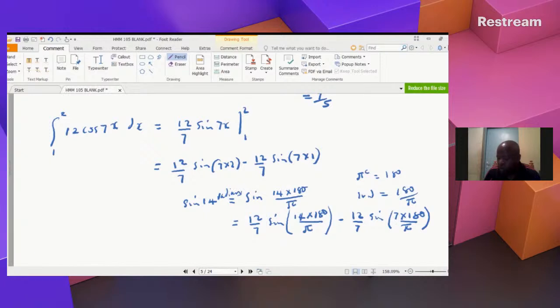So I have 0.33362. So it's this answer I multiply by 12 and divide by 7 to get, you just use your calculator, approximately 0.57192 if I write this answer to 5 decimal places.